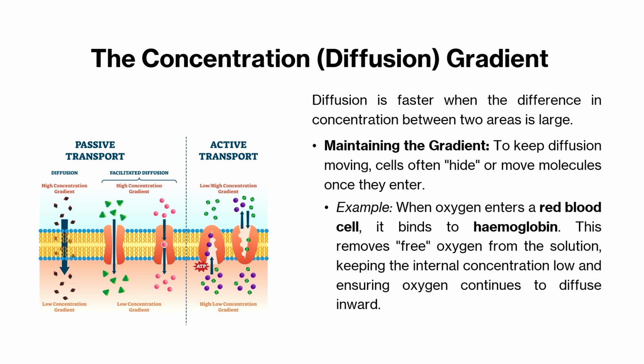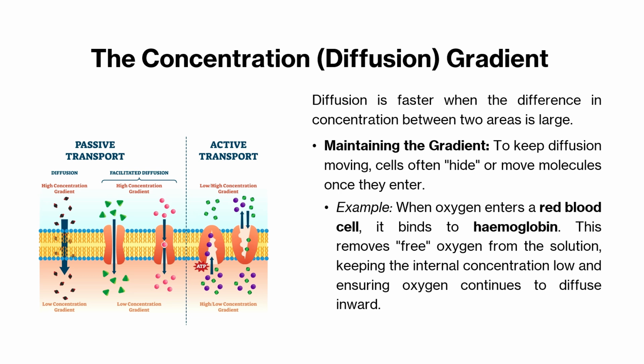Think about your red blood cells. As soon as an oxygen molecule diffuses into the cell, it does not just sit there. It immediately sticks to a protein called hemoglobin. Because that oxygen is now locked up with the hemoglobin, it is no longer floating around as free oxygen. So to the rest of the world, it looks like the inside of the cell is simply empty.